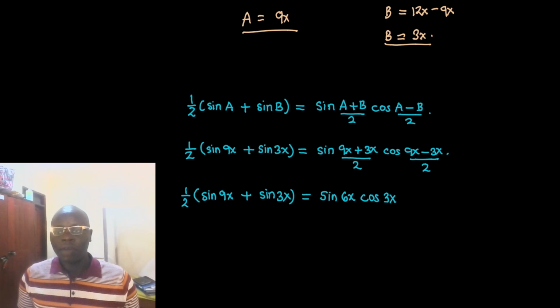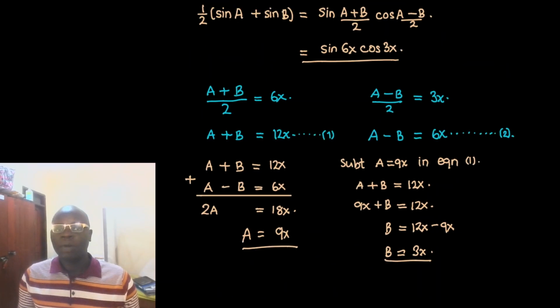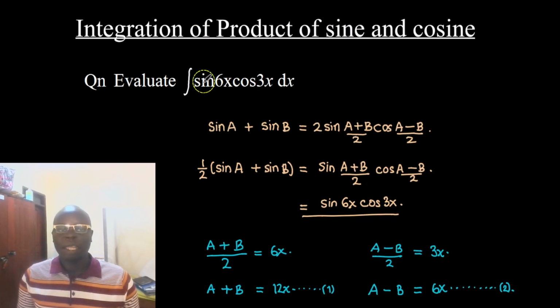Now, if you have seen this clearly here, you realize that what we have gotten here is exactly the same as our question up there. We can scroll up and see our question that it looks exactly like this: sine 6x times cosine 3x.